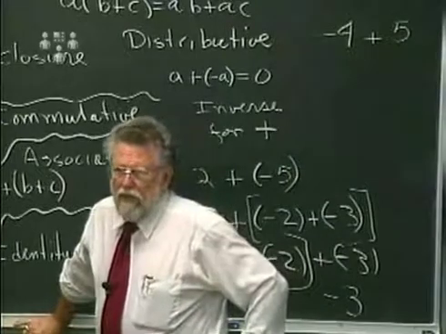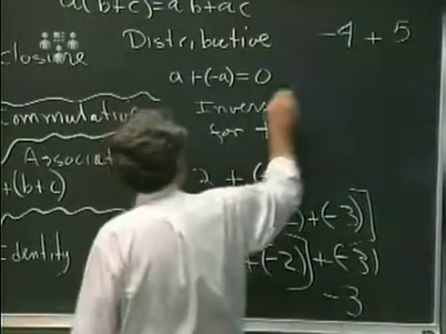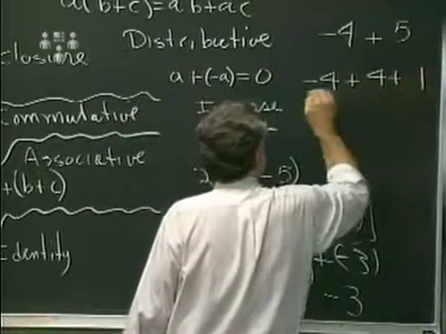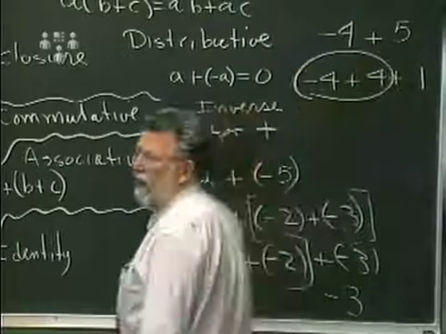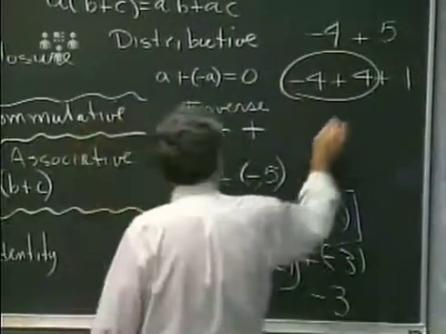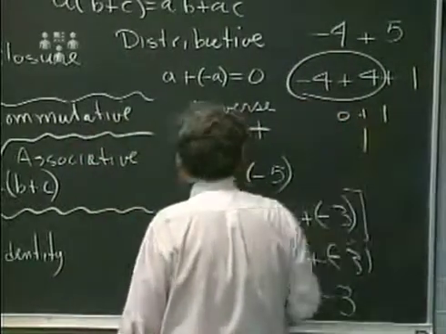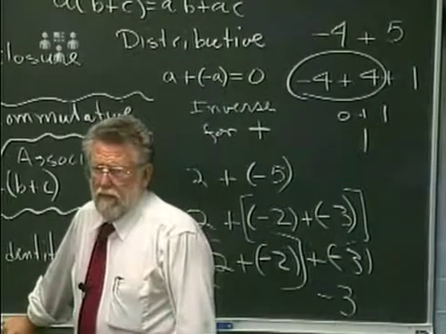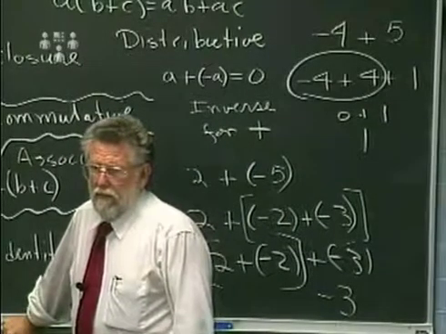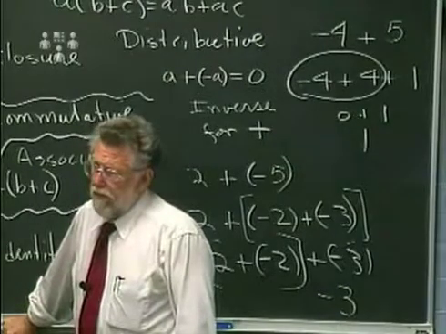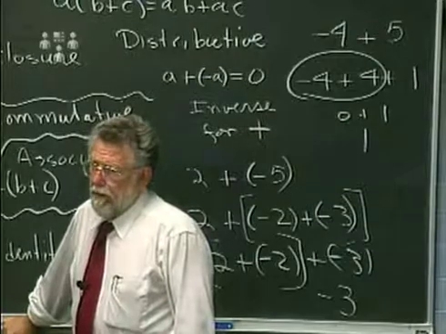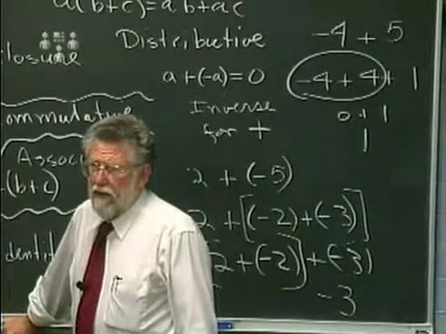But can you make it do the same thing by breaking the 5 into what? 4 plus 1, this part is a number and its inverse, which goes to 0. That's 0 plus 1, which is 1. Are we there? Now, it's just using the properties.